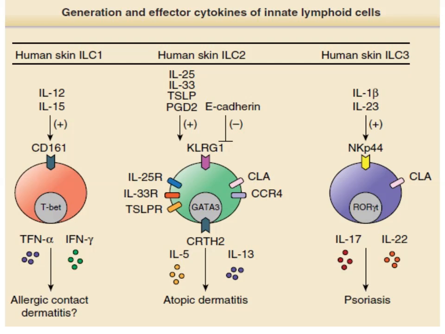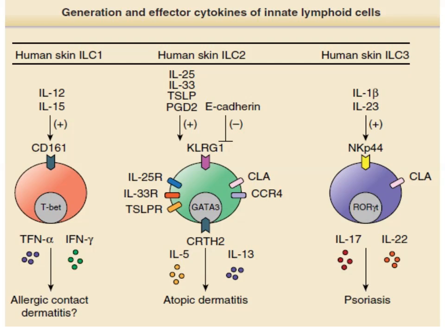The main effector cytokines from ILC2 include IL-5 and IL-13, and these cells have been implicated in the pathogenesis of atopic dermatitis. ILC3 are activated by IL-1 and IL-23, express the receptor NKp44, and produce IL-17 and IL-22. They are implicated in the pathogenesis of psoriasis.